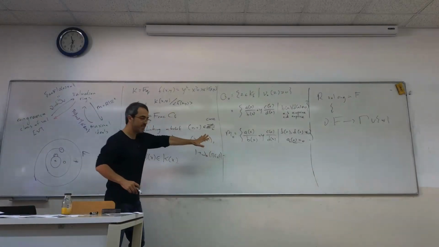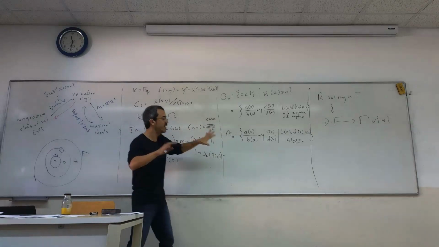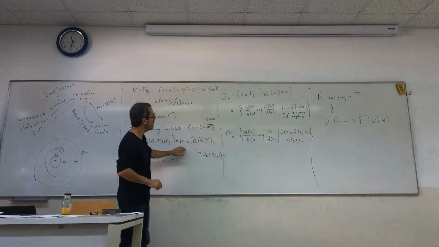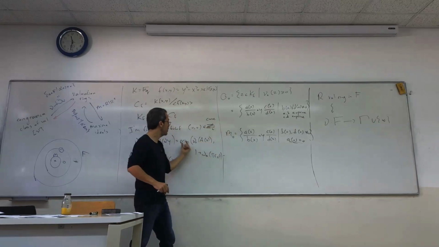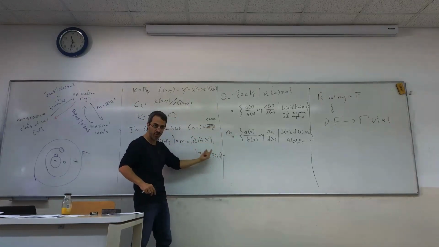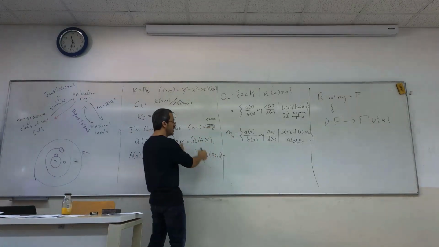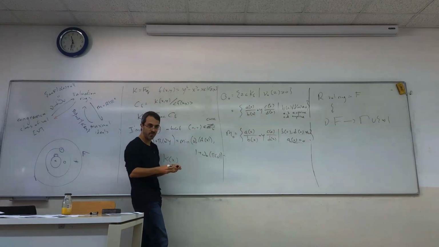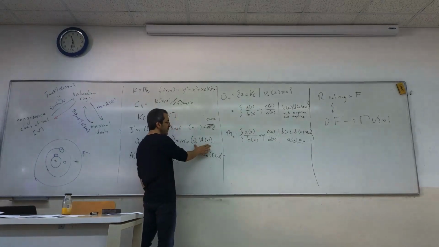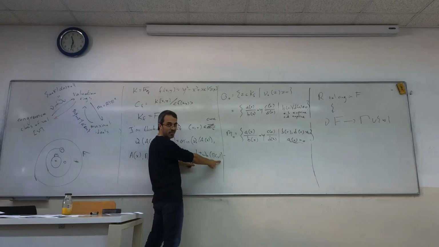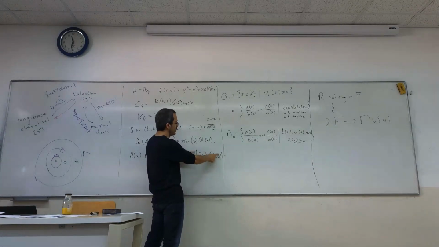But why is this true? Let's do the sanity check first. Why is this true? To be here, you need to be here, but you also need this to be with strict inequality to 0. So you need the minimum to be strictly larger than 0, right? You need this to be strictly larger than 0 and this to be strictly larger than 0, because otherwise you're at the minimum. So you need both of them to be strictly larger than 0.